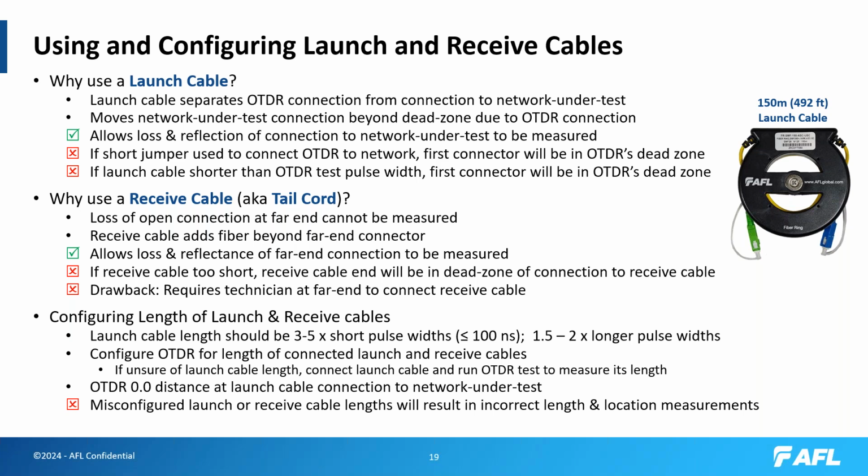If you misconfigure your launch or receive cable lengths, that will result in an incorrect length measurement for the network under test, and it would also result in incorrect location of splices, splitters, and faults detected in that network.